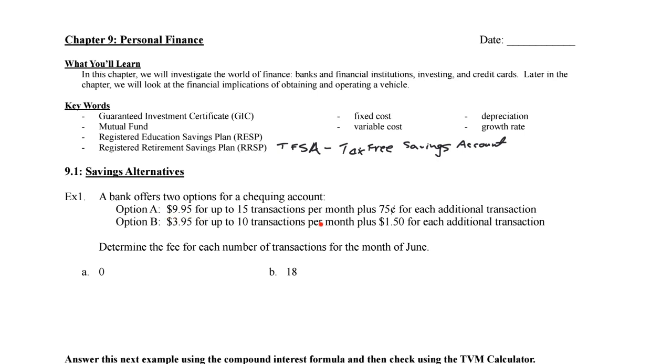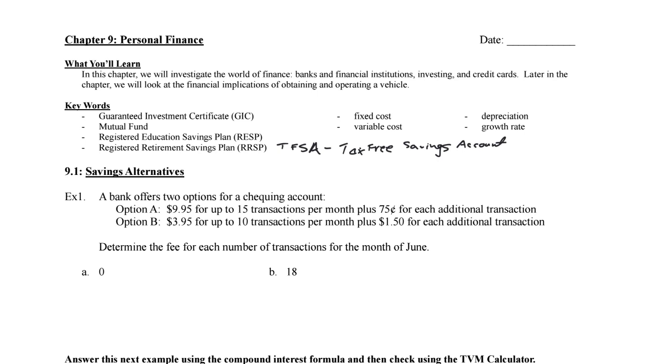Now, with each one of those accounts, there are different kinds of fees that you have to pay to the bank in order to use said checking account. Now, there are many different types of checking accounts.